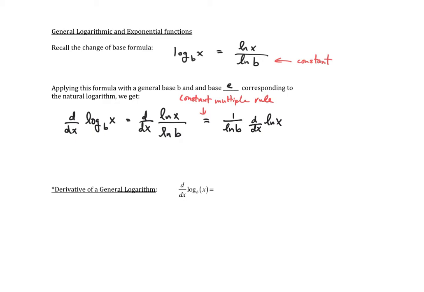And taking the derivative of natural log of x is going to give us 1 over natural log of b, which is a constant, times the derivative of natural log of x, which is just 1 over x.